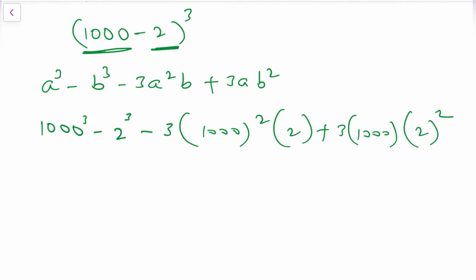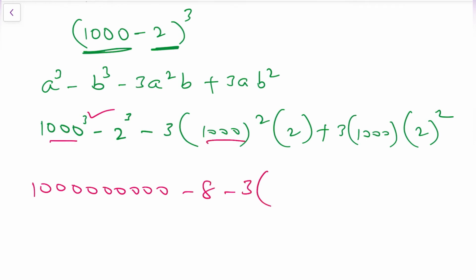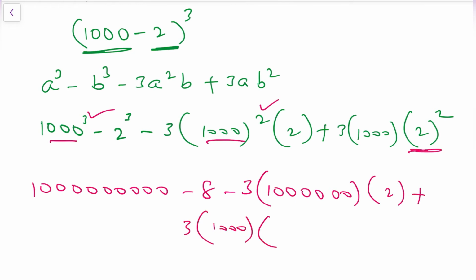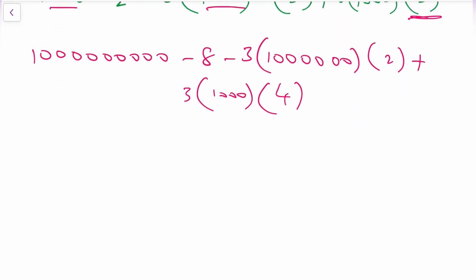If we simplify 1000 cube, here 3 zeros, power is 3, 3 threes are 9, 9 zeros, minus 2 cube is 8, minus 3 into 3 zeros, power 2, so 3 twos are 6, 6 zeros, into 2 as it is, plus 3 into 1000 into 2 square, 4. So let us simplify finally now.